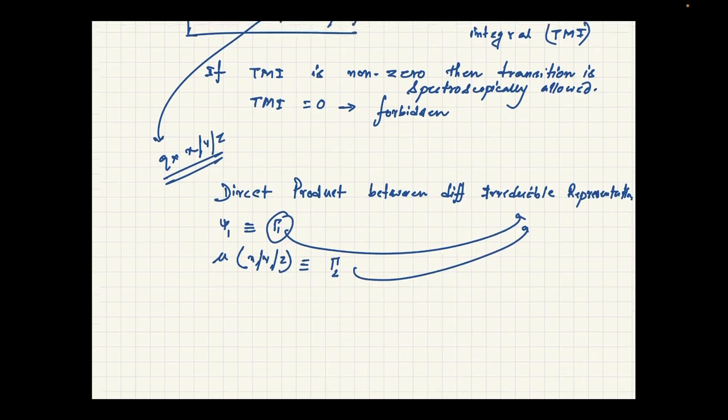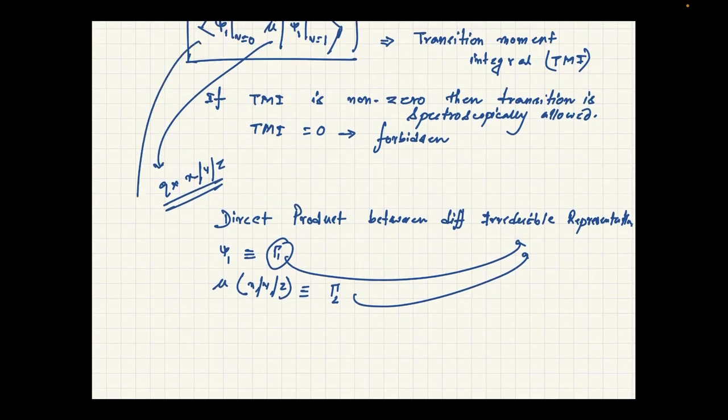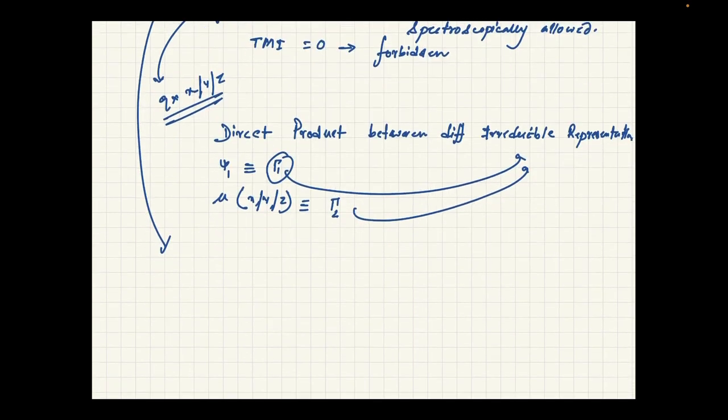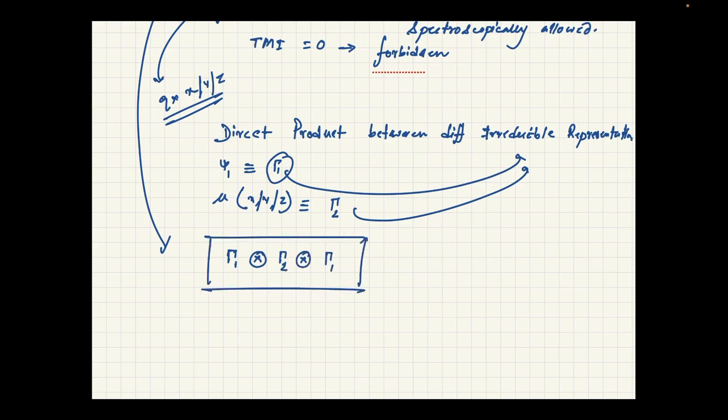So from the group theory perspective, this integration will be converted into gamma 1 direct product gamma 2 direct product gamma 1. This is the sign for the direct product.